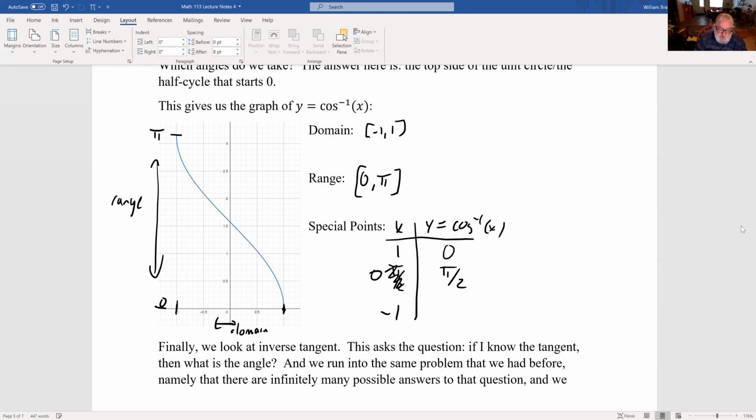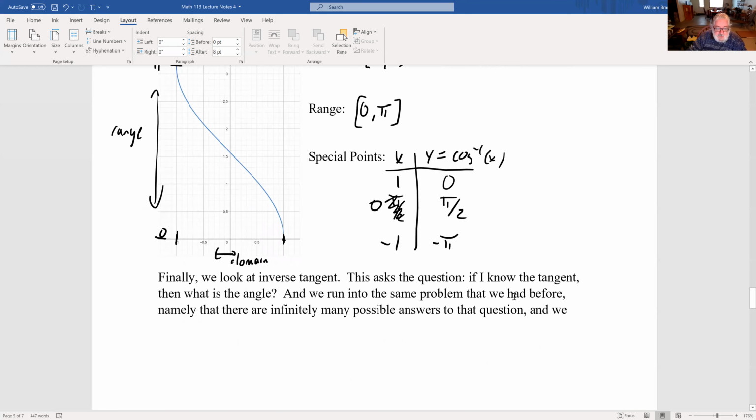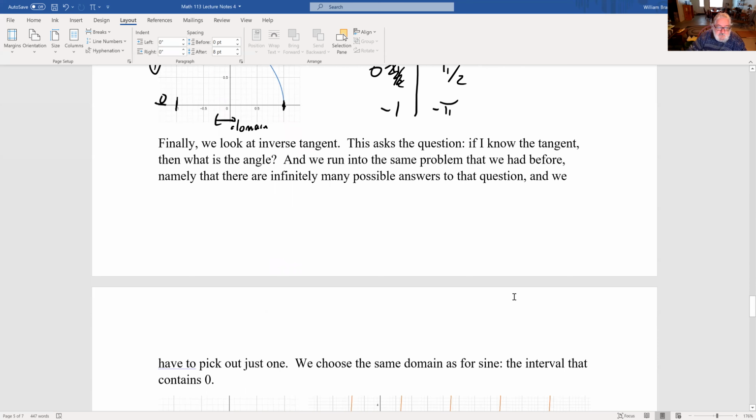When x is -1, the angle that gives you a cosine of -1 is pi. Great. And then you can do the same sorts of things that you did with inverse sine with inverse cosine. And then finally, we look at inverse tangent.